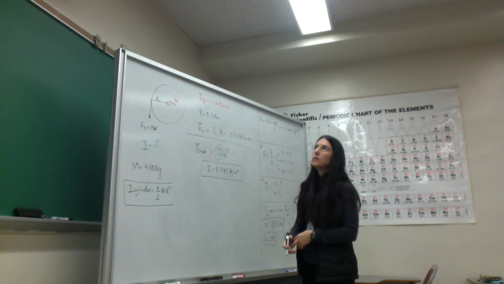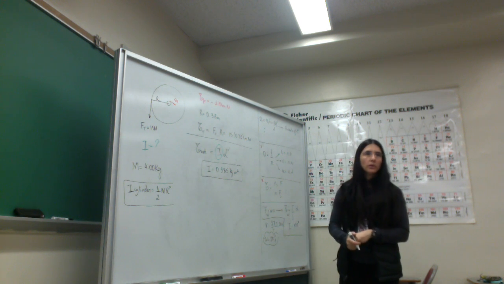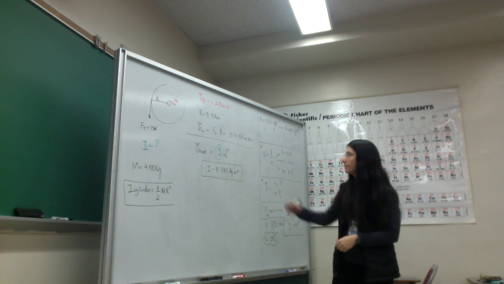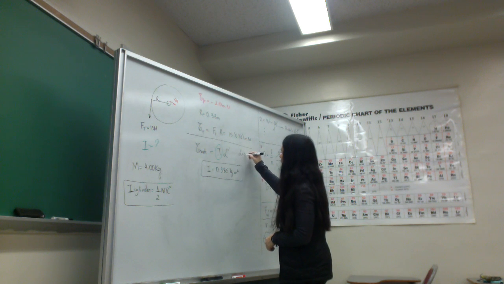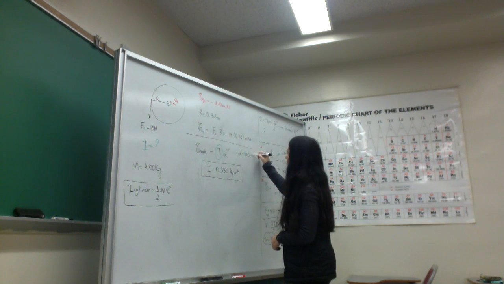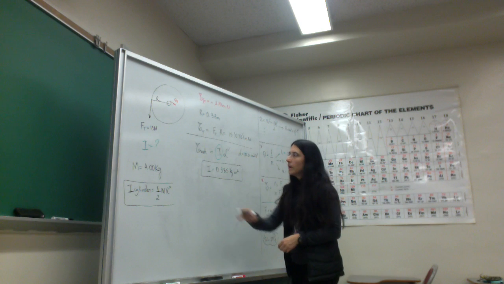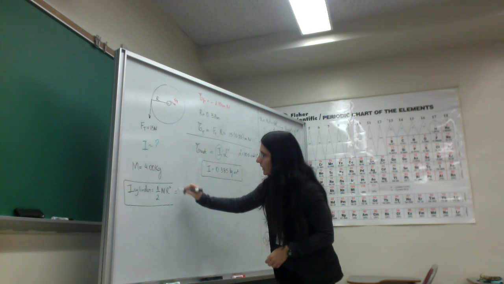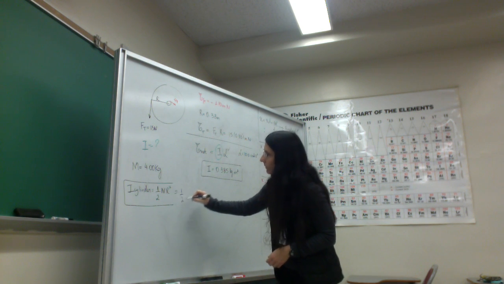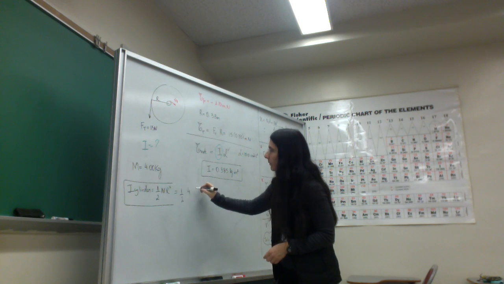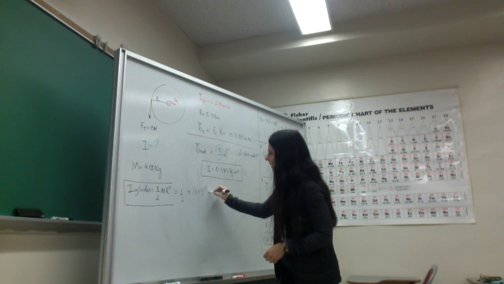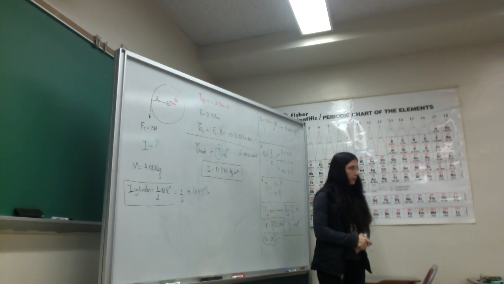It's 30 divided by 2, so it's 10 radians per second. So if I try to use Odeya's idea, I put 1/2, the mass is 4 kilograms, the radius 0.33 squared. What do you get for this number?